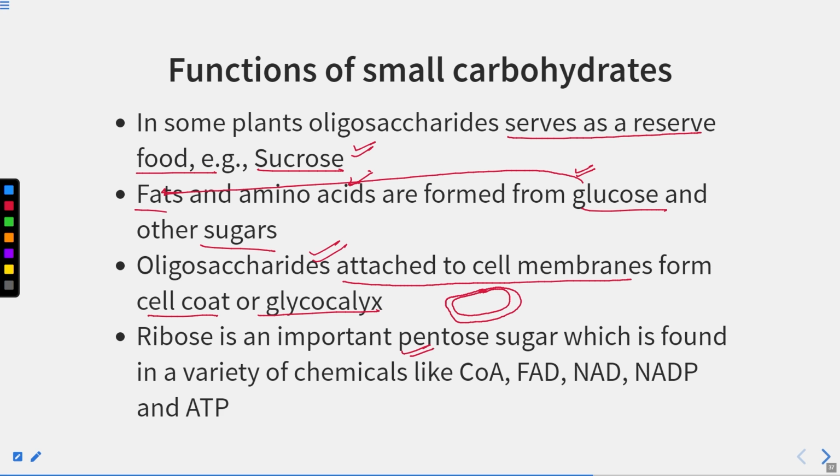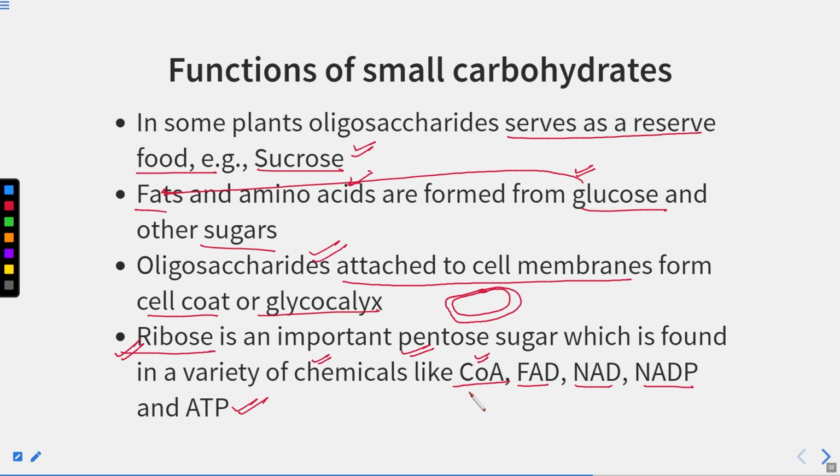Ribose is an important pentose sugar found in a variety of chemicals like coenzyme A, FAD, NAD, NADP, and also ATP. If you remember acetyl coenzyme A, it is the first compound that enters the citric acid cycle.